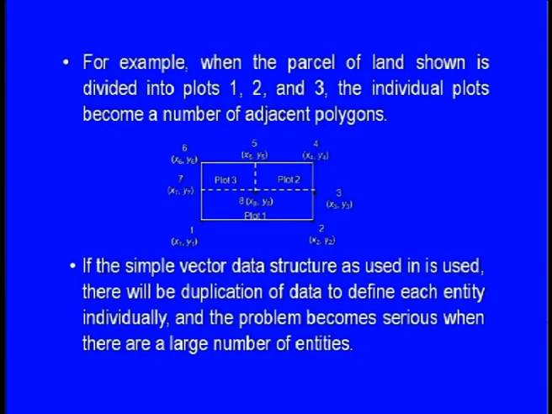Well, it is a very simple way of representing the information, but information in the real world is not very simple. It is a complex scenario, and thus this approach has certain limitations in dealing with more complex spatial entities. For example, now what we can do is divide the land parcel into different segments.